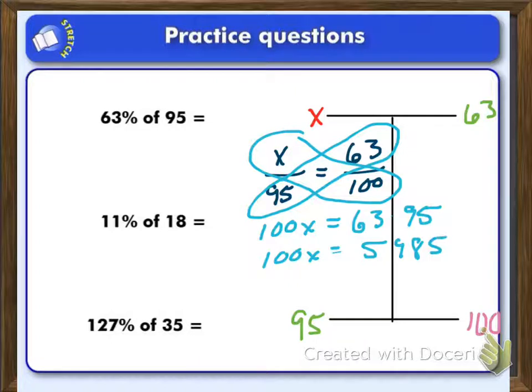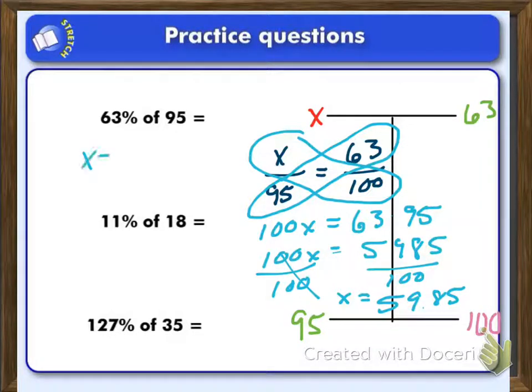I want to divide both sides by 100, and my quick mental division is, because I'm dividing by 100, I'm just going to move my decimal over 2 places to the left. So that's going to give me x is equal to 59 and 85 hundredths.